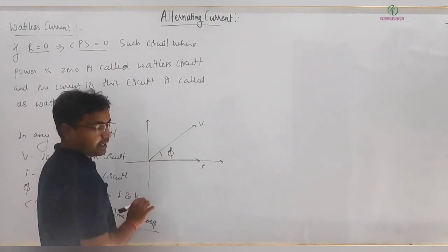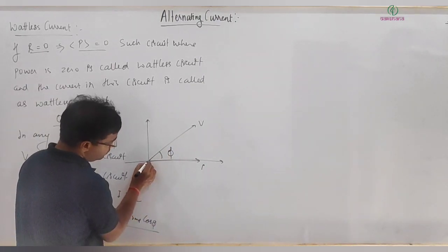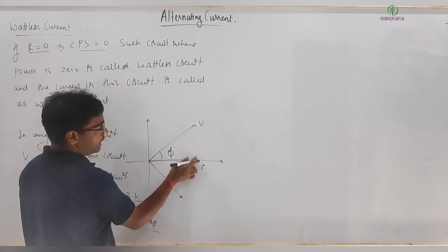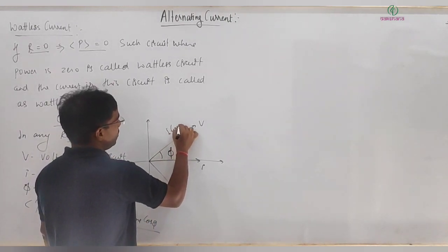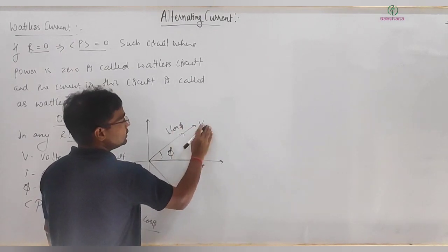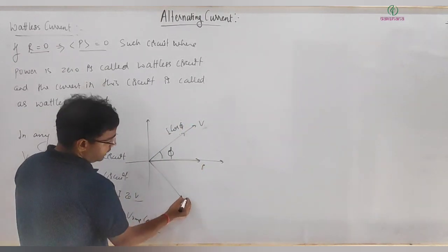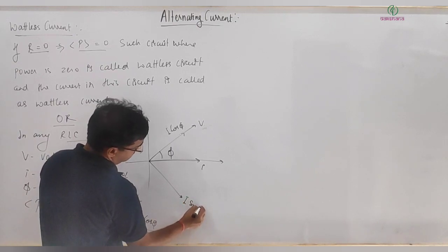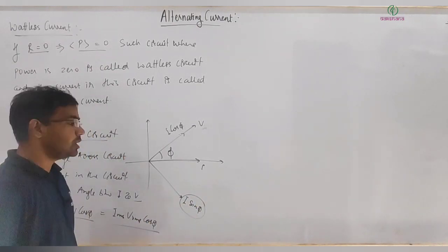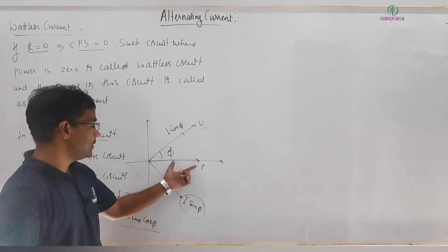This is V, and I can resolve I. The component along V is I cos of phi, taking both as RMS values, and there will be I into sine of phi, right? Now just look at this. This is your net current.